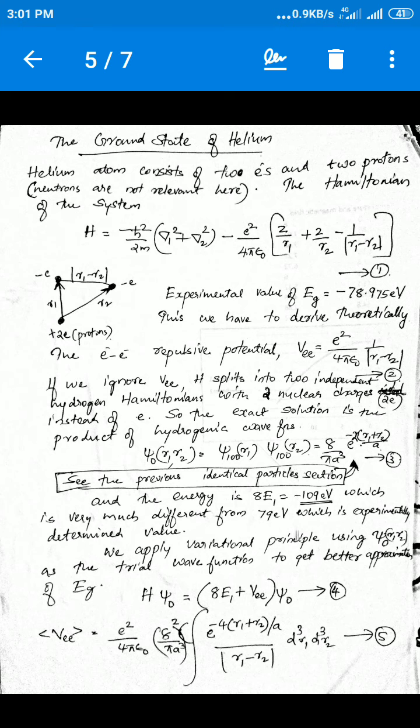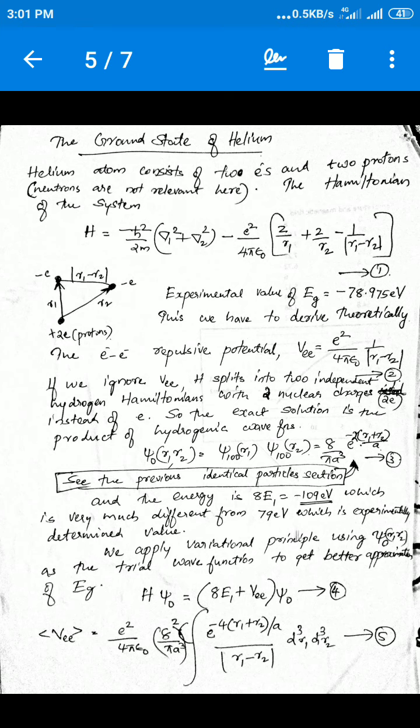Now let us take the Hamiltonian of the system, a 2 electron and 2 proton system. First let us draw the diagram as shown here. The 2 protons inside the nucleus are drawn as a point, plus 2e, and the 2 electrons are at distances r1 and r2 respectively.